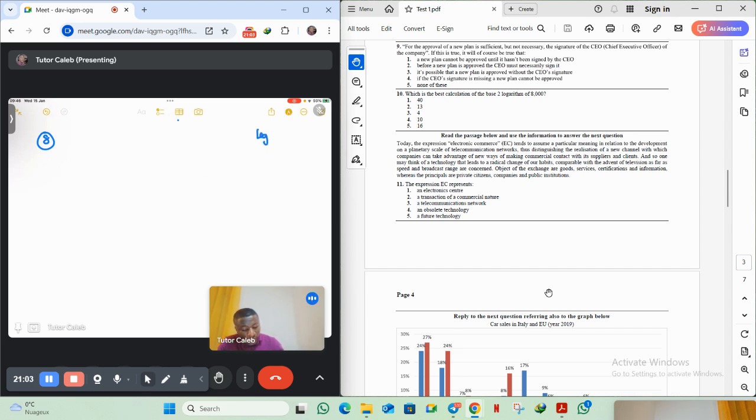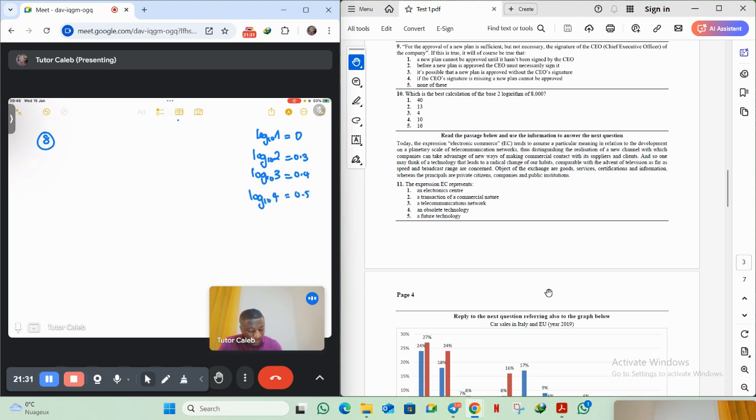So the logarithm of 1 to base 10, the logarithm of 1 to any base, always gives you 0. The logarithm of 2 to base 10 is 0.3. The logarithm of 3 to base 10 is 0.4. This is an approximation. You can check it on your calculator in your free time. The logarithm of 4 base 10 is 0.5. The logarithm of 5 base 10 is 0.6.